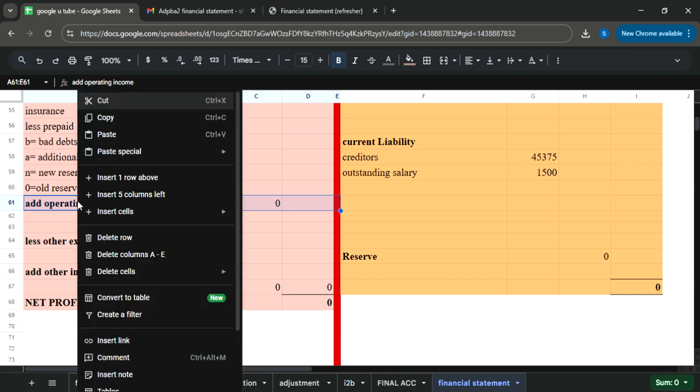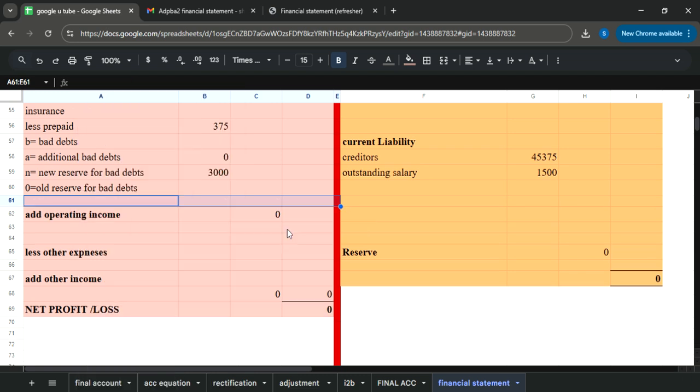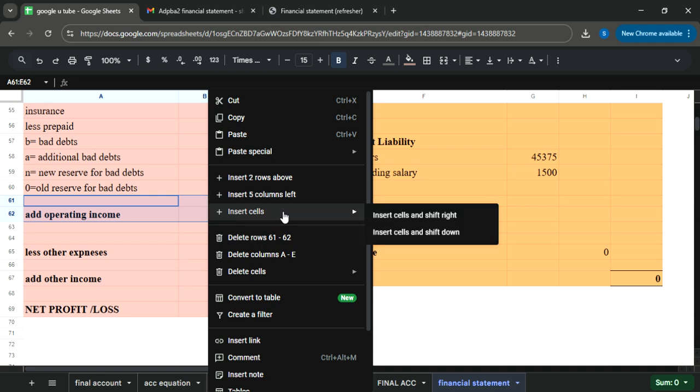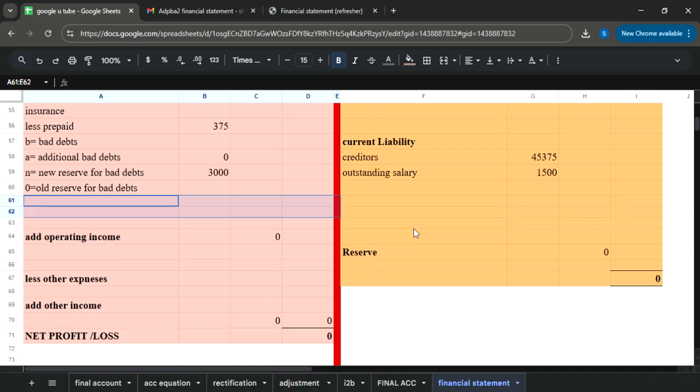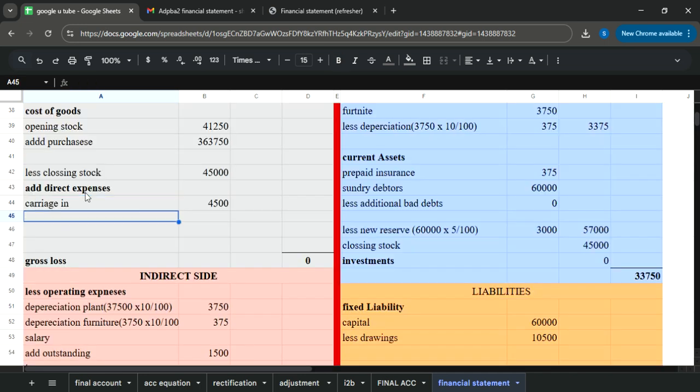Let's add one more space. Okay, insert. Now we were at the point of salaries, rent, insurance. These are three points. Let's see if they can be put over here.